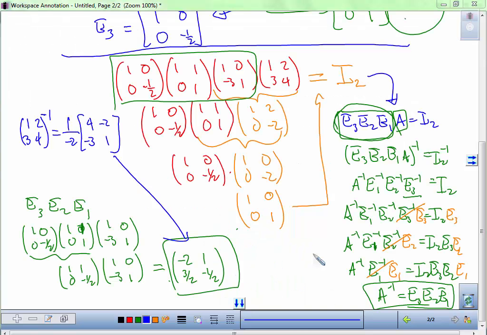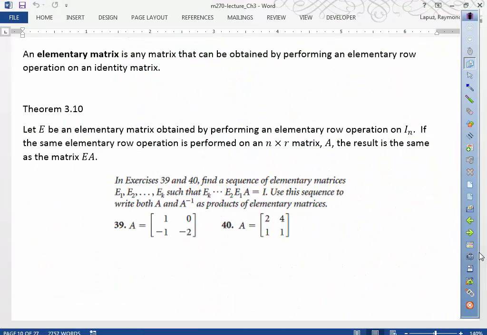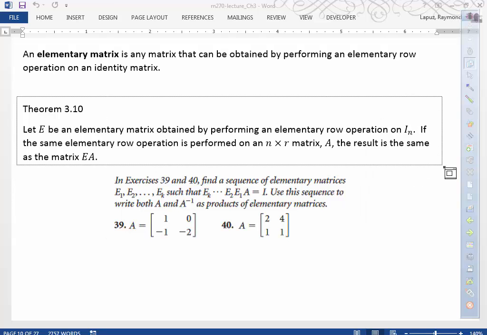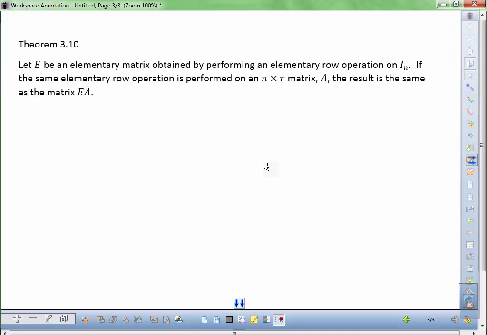So I think you guys will have some homework on trying to find elementary matrices. But here's a theorem, probably won't prove.